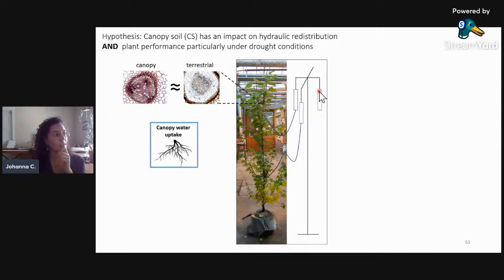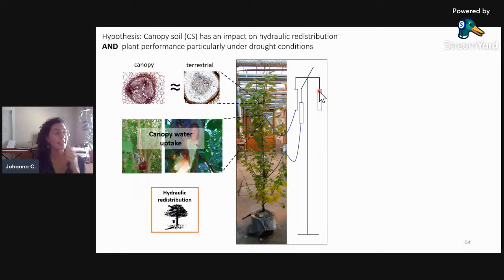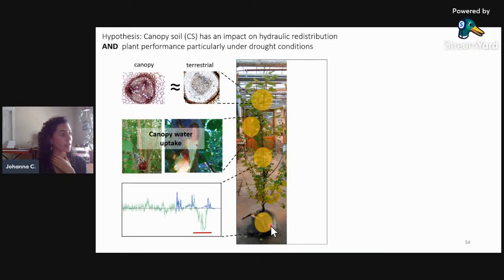We saw with the dye experiment that the tree can uptake water from the canopy soil. We also saw with the isotopic experiment and with the sap flow sensors that there is enriched water in different organs of the tree. Even some of the trees show enrichment in the roots underground. And we also saw some reversal flow with the sap flow sensors.